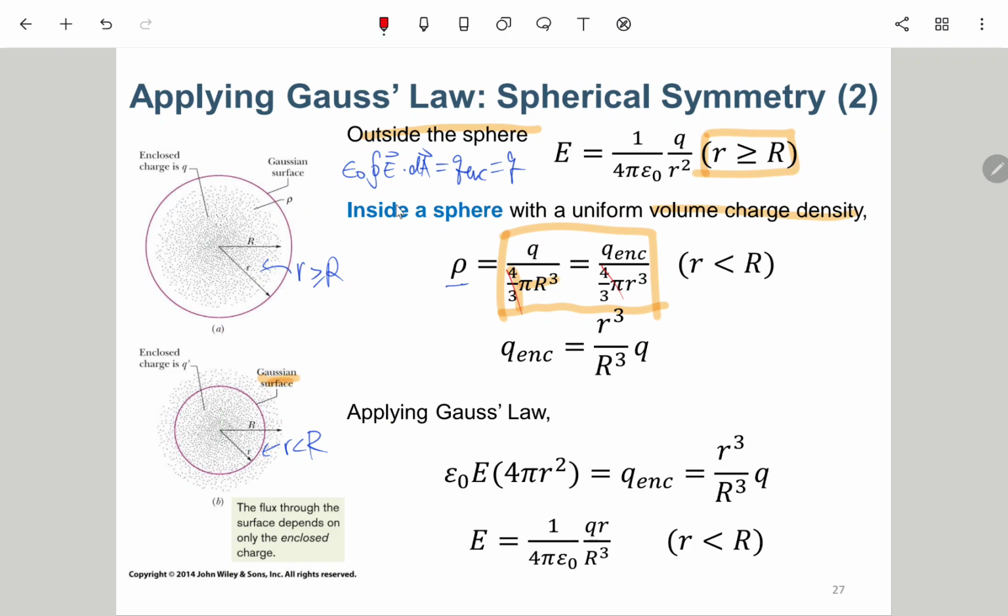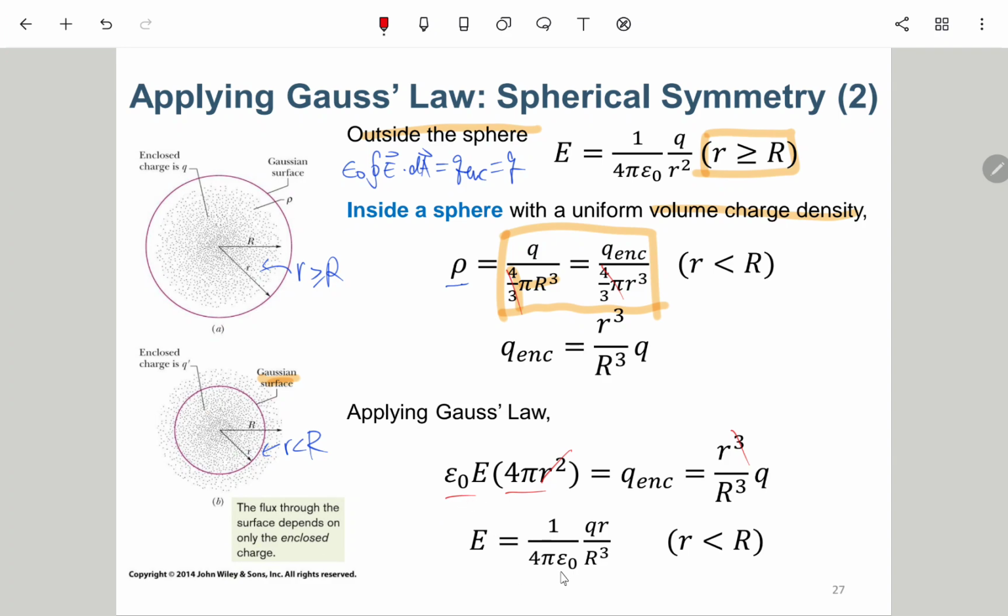Similarly, we apply the Gauss law, and the left side looks like this. Then we put the Q enclosed here. We can cancel r squared and this r cubed down to an r. Finally, we move 4 pi epsilon naught to the right side.